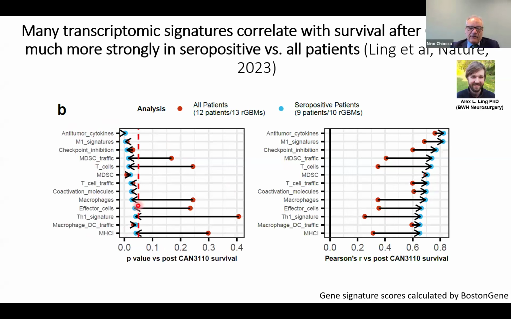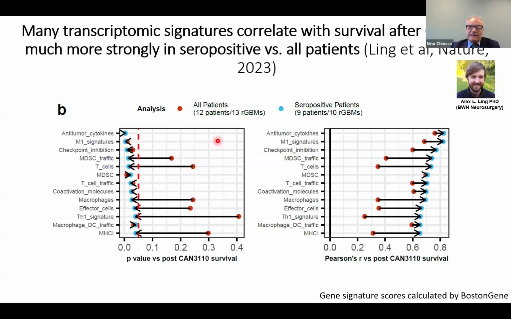Everything to the left of this red bar is a p-value less than 0.05, and everything to the right is a p-value of more than 0.05. Interestingly, in all the patients, several anti-tumor cytokines became significant after injection.